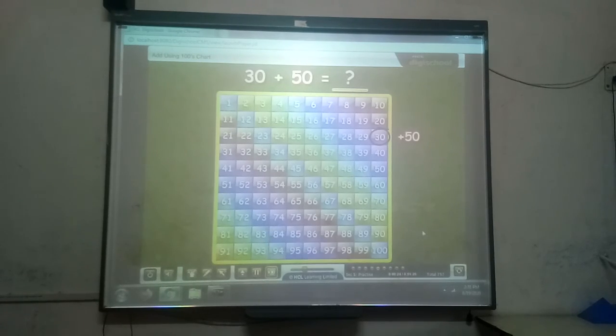That's correct. We move 5 rows down. This brings us to 80. So the sum of 30 and 50 is 80.